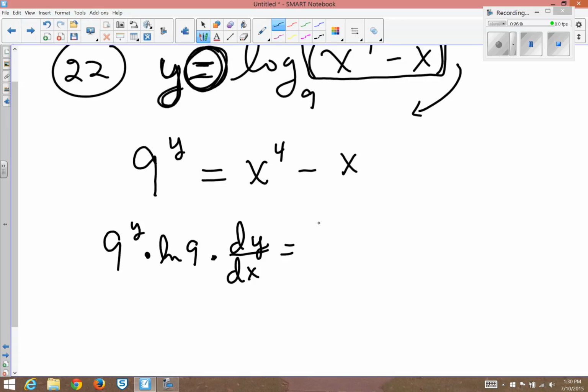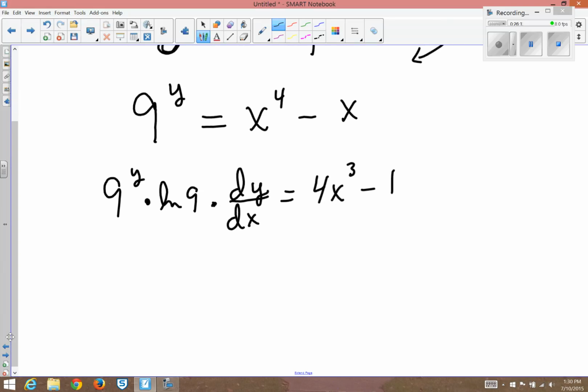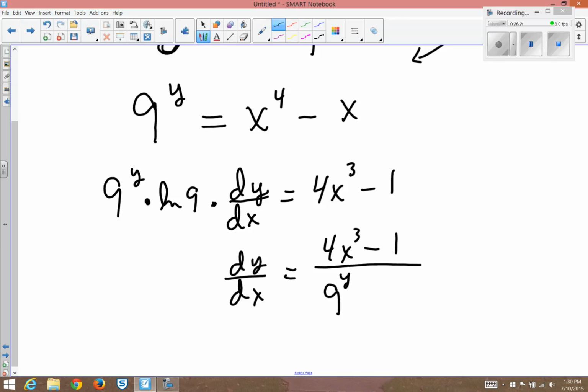The derivative of the right side is 4x to the third minus 1. And now we divide both sides by all the stuff in front of dy dx. So dy dx equals everything over here, 4x to the third minus 1, divided by 9 to the y times the natural log of 9.